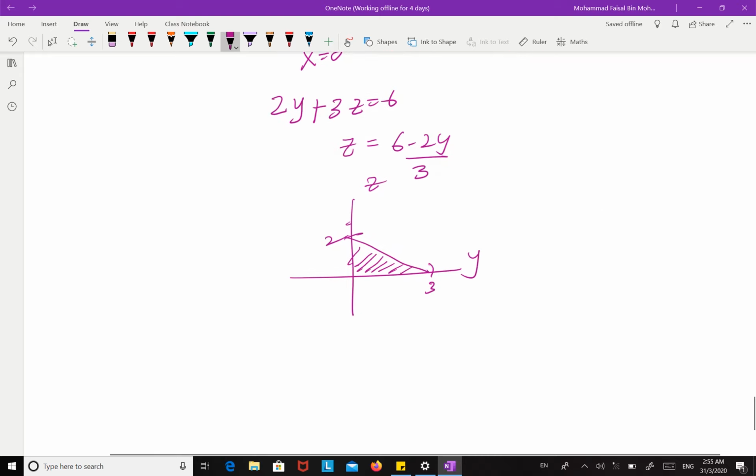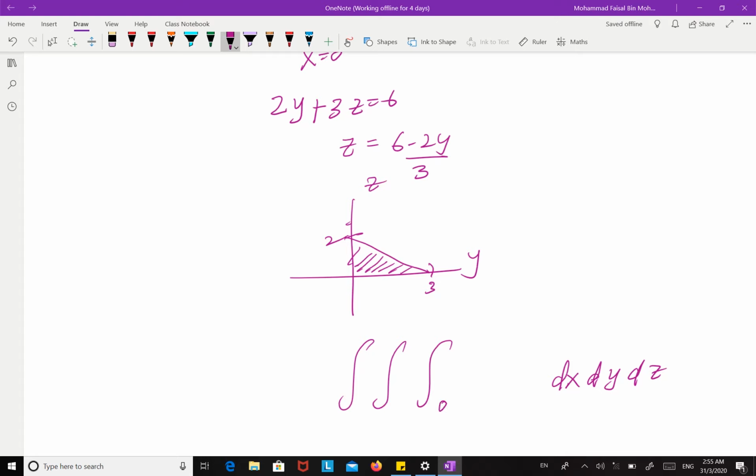Okay, so in this case, you can integrate. Here you have dy dz, here will be dx, type 3. So your x is 0 to 2.